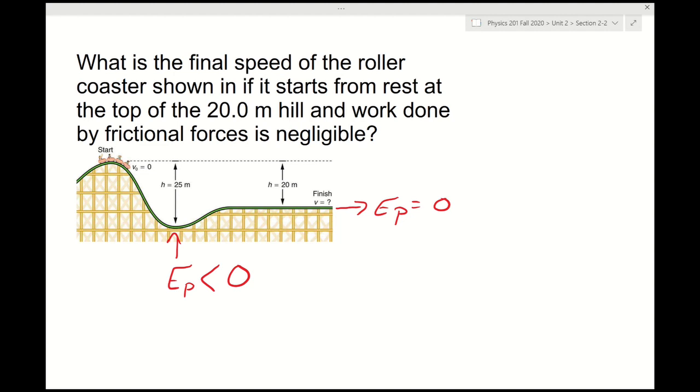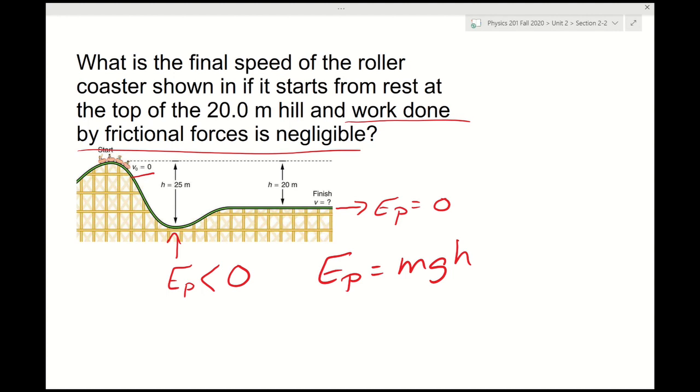And then above that would be greater than 0. Now, in this case, we're going to ignore any sort of frictional forces. At the top, it is at rest, V equals 0. Well, it has a gravitational potential energy of mgh or mg delta y.